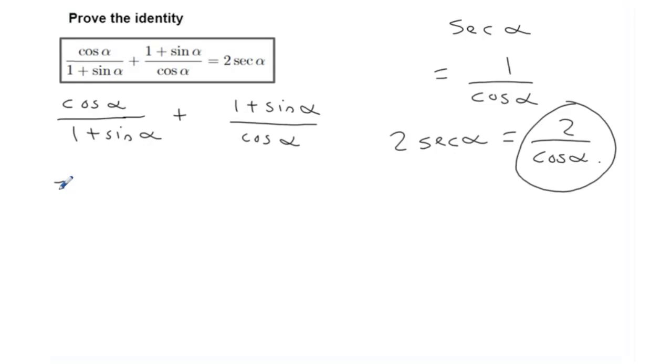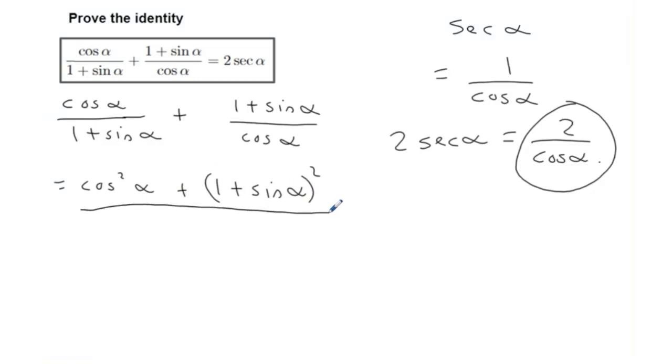Cos alpha times cos alpha is cos squared alpha, plus, because it's all positive, 1 plus sine alpha times another 1 plus sine alpha. At this point, I might just call that 1 plus sine alpha squared, over 1 plus sine alpha cos alpha.